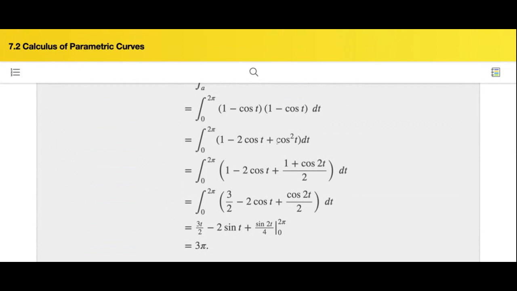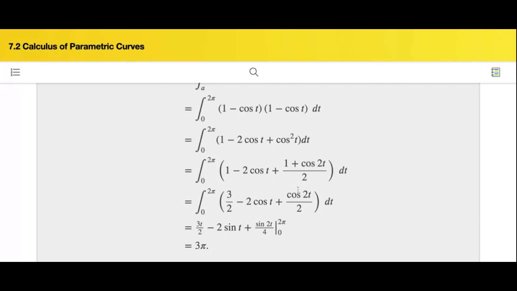But how do we take an antiderivative of cosine square t? We want to use the half angle formula, right? The half angle formula says cosine square t equals 1 plus cosine 2t over 2, which is from the double angle formula.